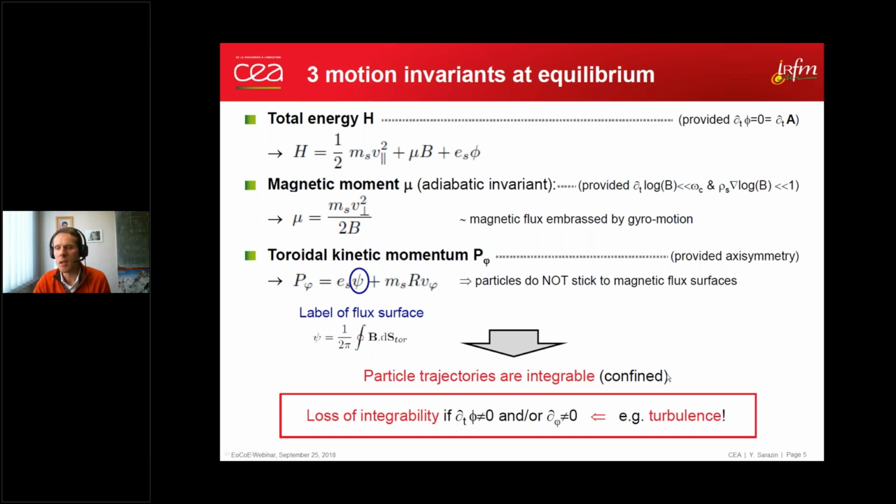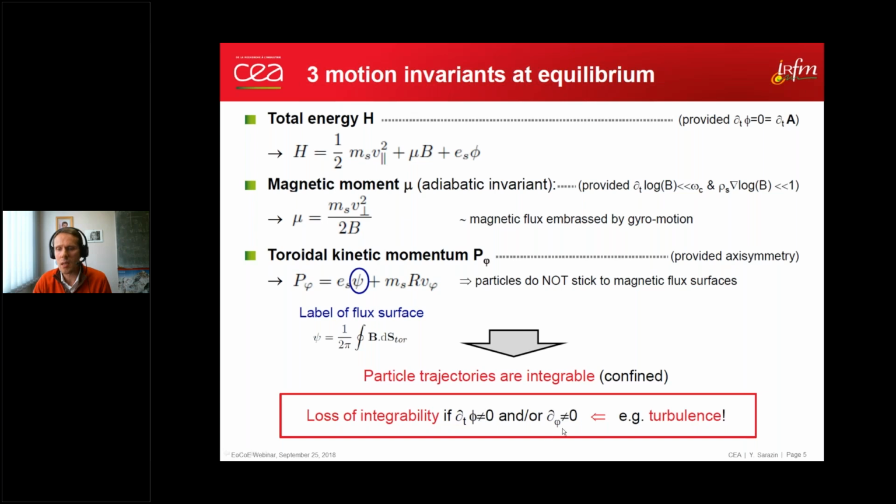So obviously those invariants are conserved provided the symmetries are fulfilled, but there are some perturbations in the system that lead to a break of these symmetries, and turbulence is one of those possibilities. So turbulence is such that the energy is no longer conserved, because then the electric potential and the vector potential depend on time.